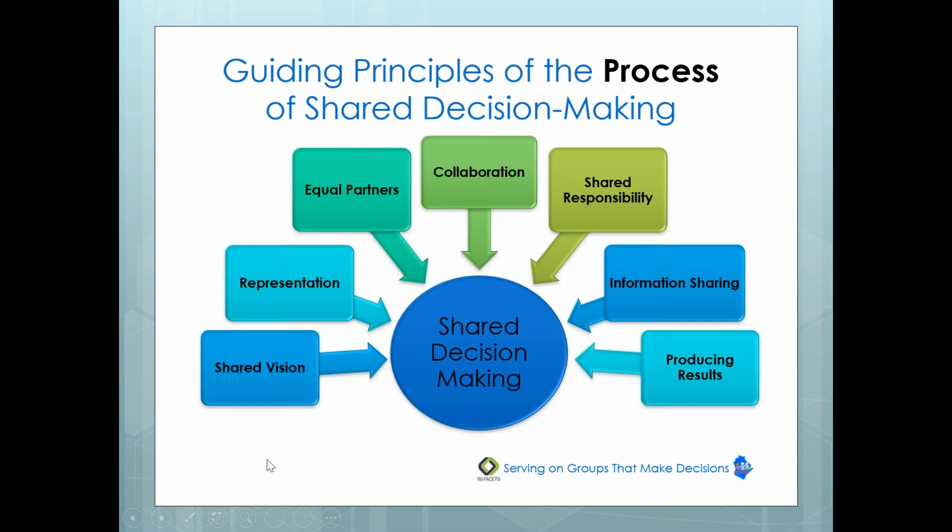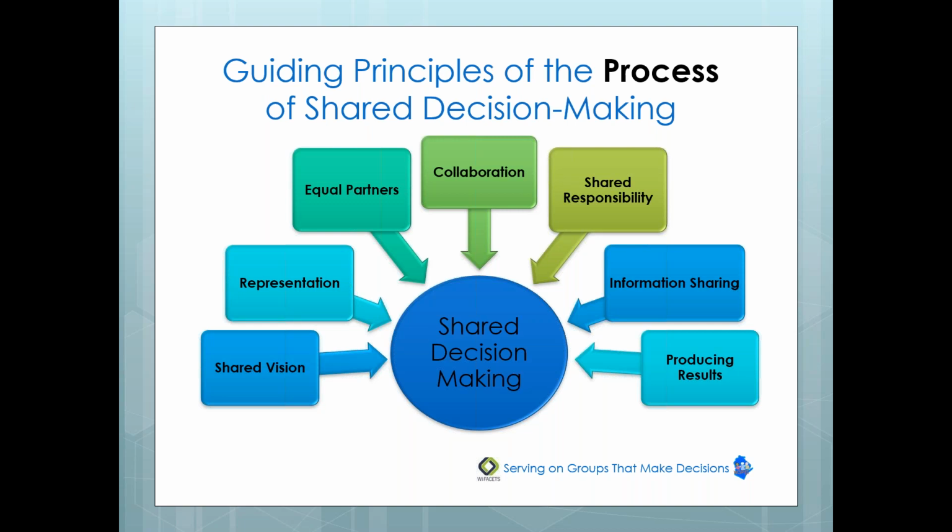And then finally, obviously the last principle is producing results. So the group needs to check their progress and adjust what they're doing if they're not making progress. Otherwise, nothing's accomplished. So what's the point of convening your group if you're not meeting your goals?